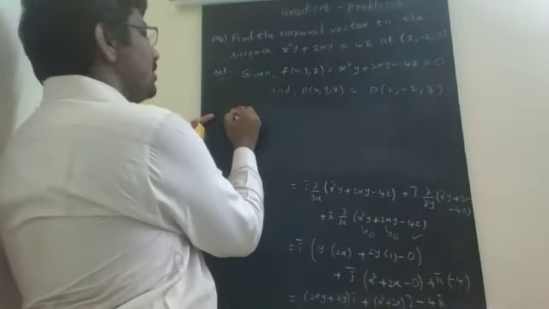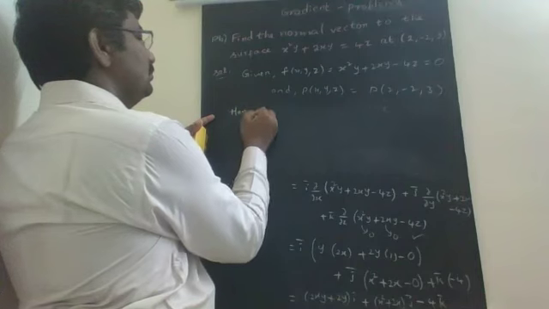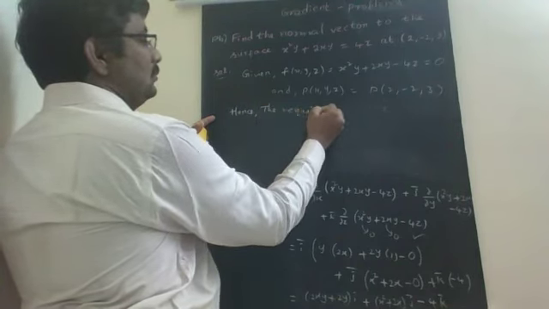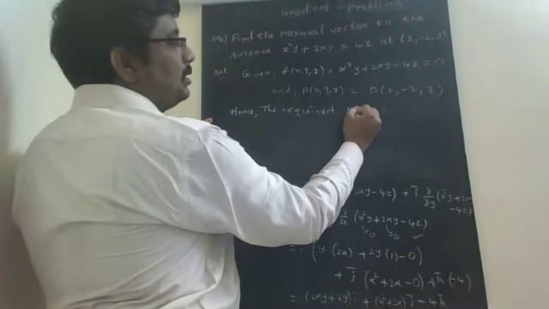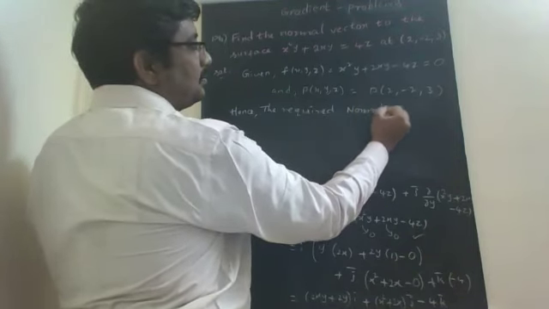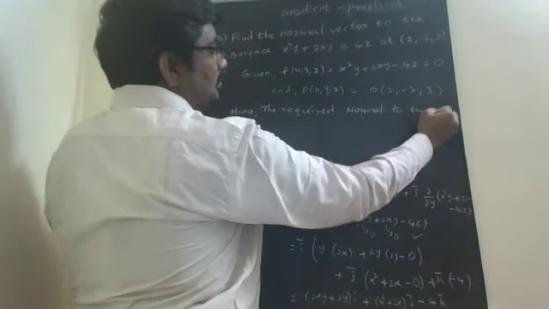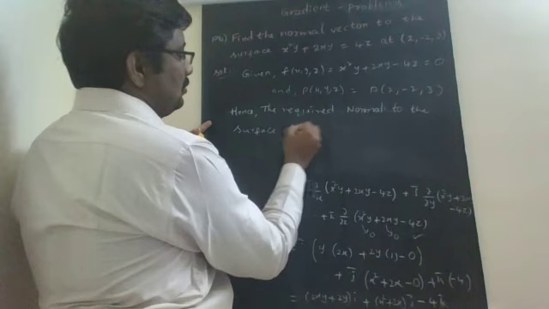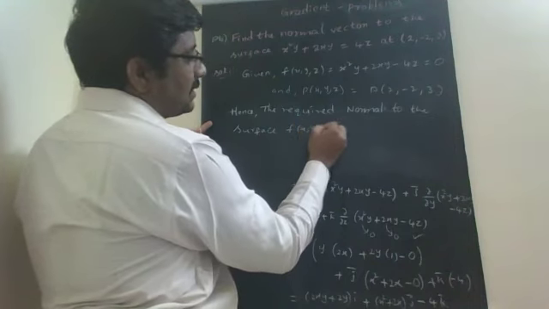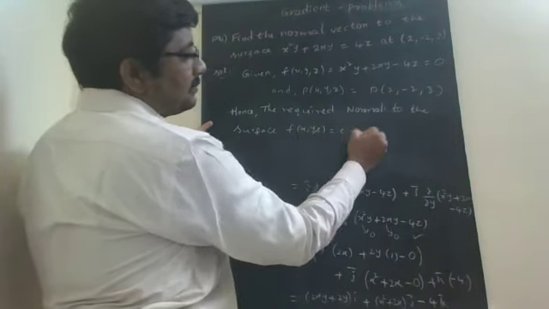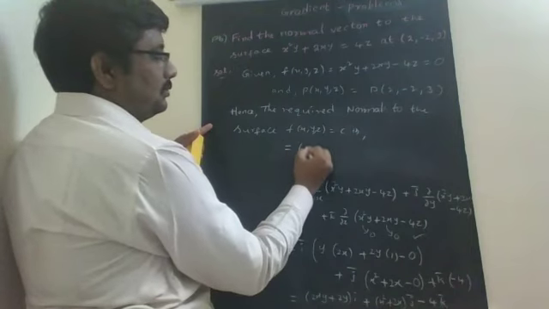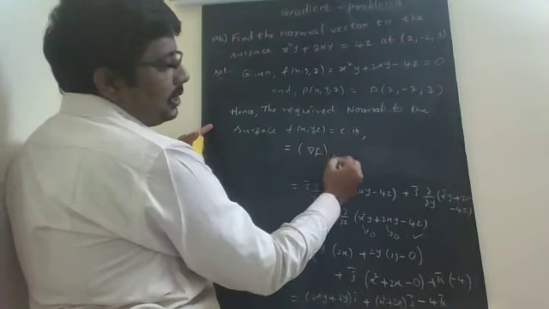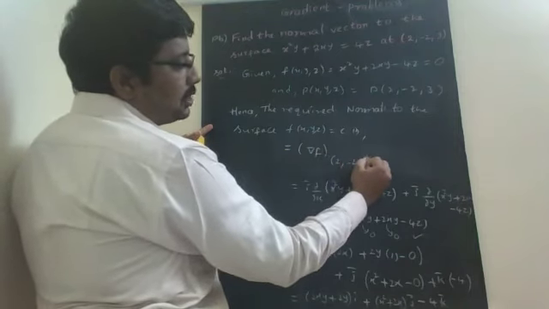Hence the required normal to the surface f of xyz equal to c is del f at the point (2, -2, 3).